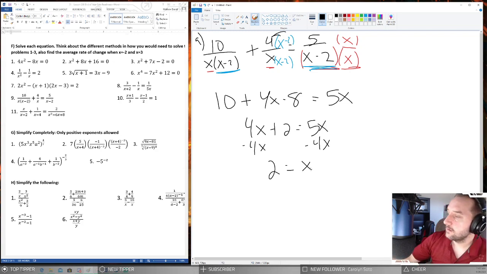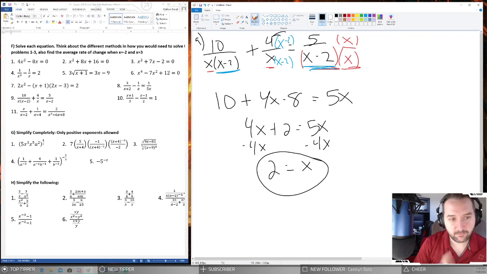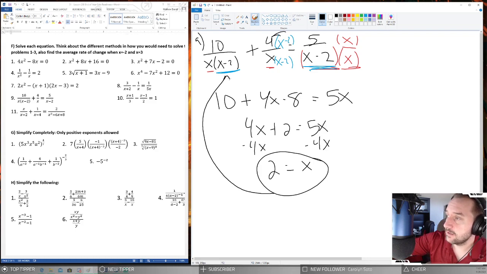Now, because rational functions are one of those types of functions that may have domain restrictions, like we can't divide by 0, when we solve there could be things called extraneous solutions. So we have to plug the values back in and make sure that there are no extraneous solutions. If I take this 2 and plug it back in, I get 2 minus 2 in the denominator, which is 0.